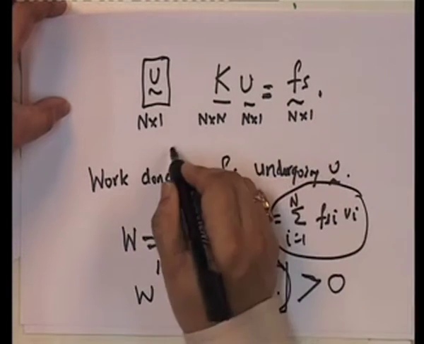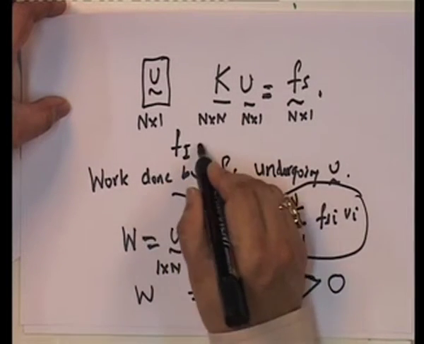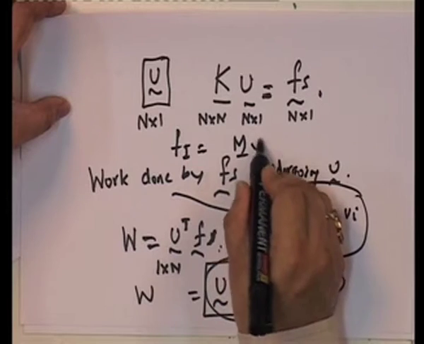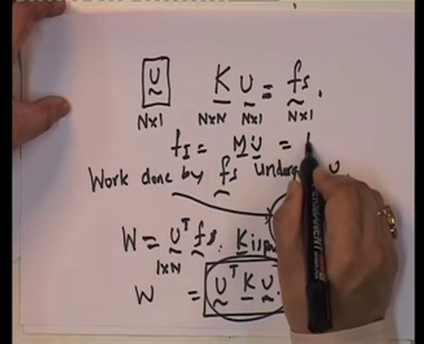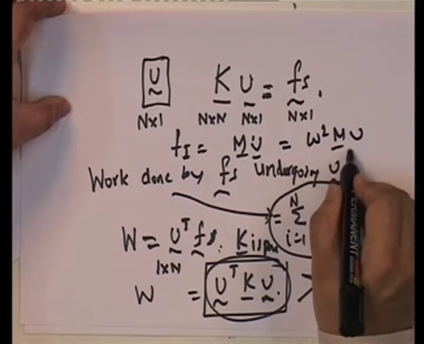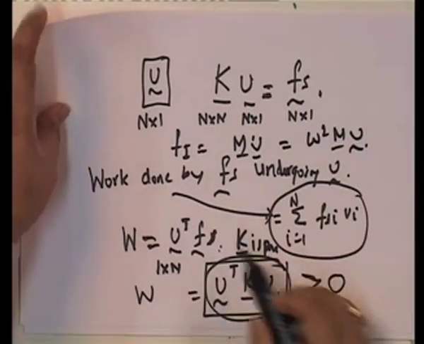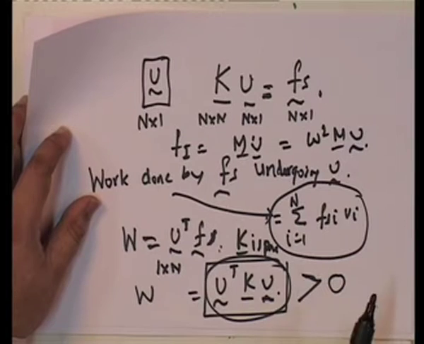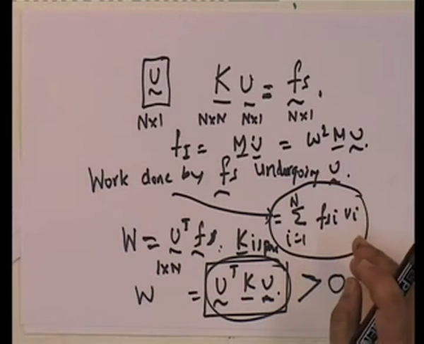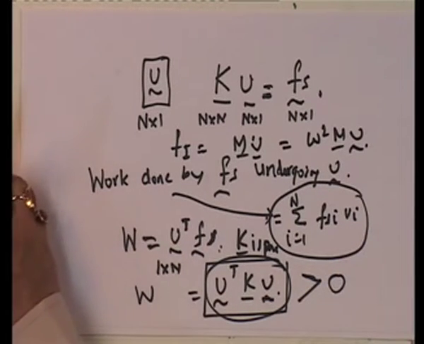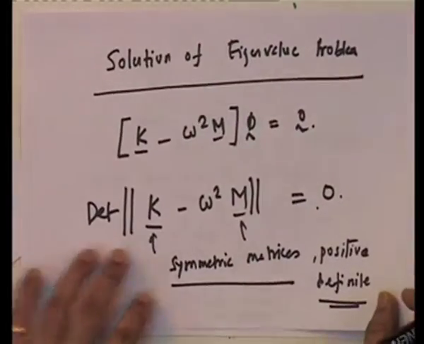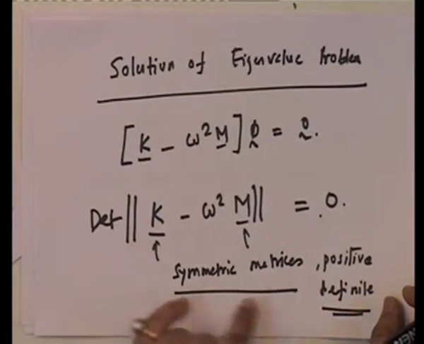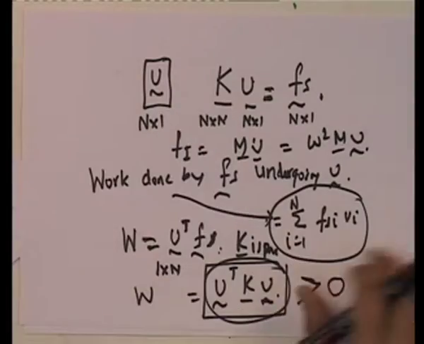Well, in exactly the same way, f I is equal to m into v, which is equal to omega squared m into v, and from there you can solve exactly the same way, work done by the inertial forces, and you get exactly that this is positive definite. So, we see that these are symmetric positive definite matrices.